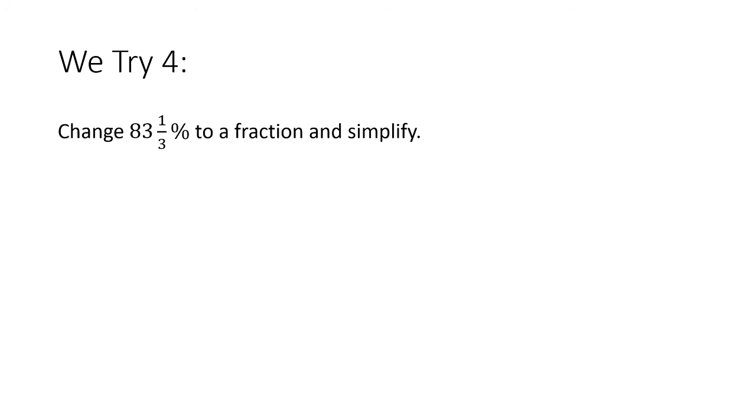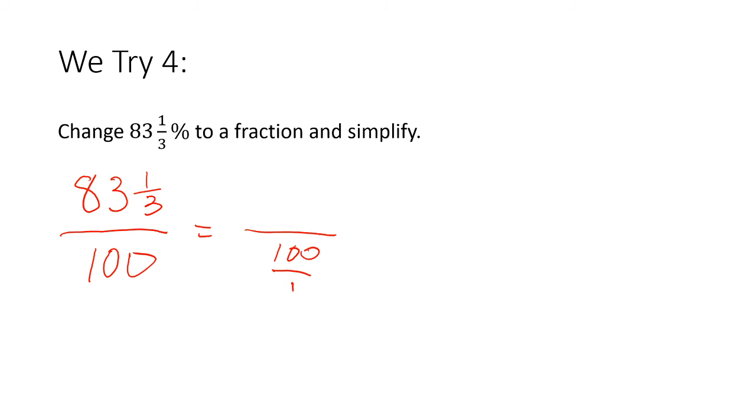Change 83 1/3% to a fraction and simplify. So 83 1/3% is the same thing as writing 83 1/3 out of 100. So I'm going to convert everything to an improper fraction. 83 times 3 is 249, plus 1 is 250 thirds.